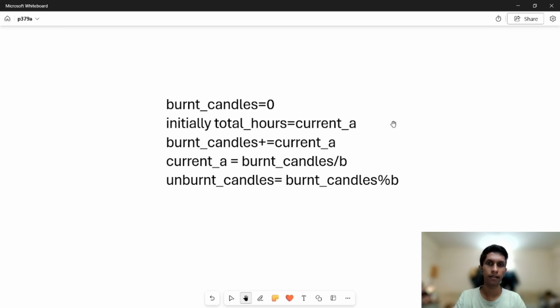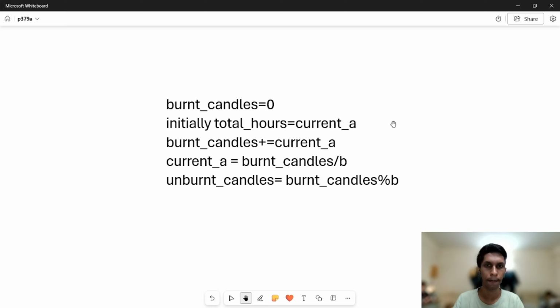So initially, the burnt candles will be 0, obviously, and the initial total hours will be the current value of A, because at the beginning, if we are given, let's say, some integer 5, we are given 5 candles, so we can burn all the 5 candles for 5 hours straight.